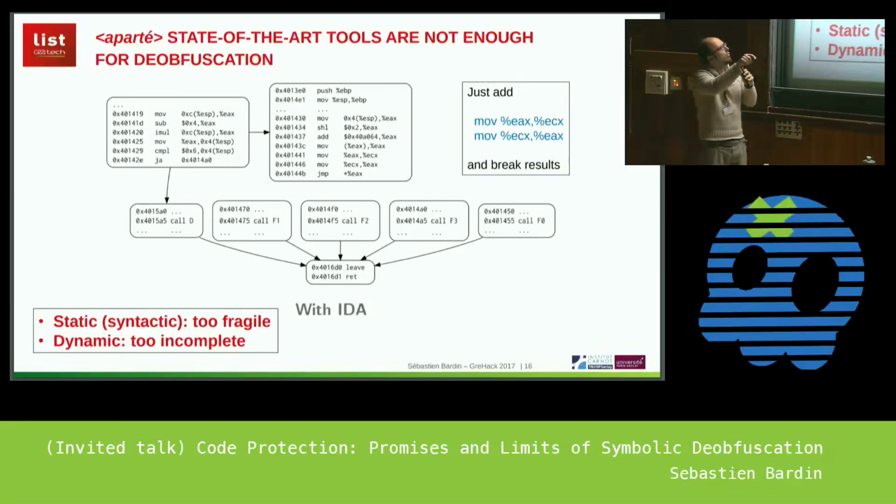And here what we do is we put EAX on ECX and then ECX on EAX, so we put it back, so it doesn't change anything. But if you do that, now IDA is able to recover the instructions, but not the edges. And this is not really obfuscation, this is a very, very simple pattern. Since it's very syntactic, it cannot cope with obfuscation, because it bases its analysis on something which is heavily modified by obfuscation.